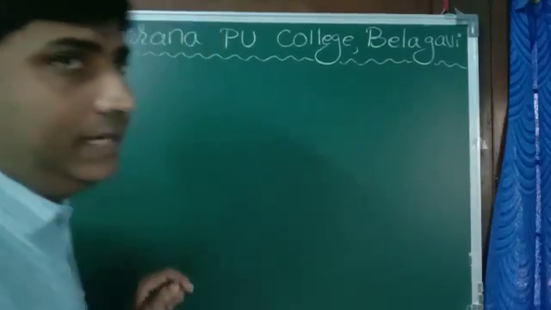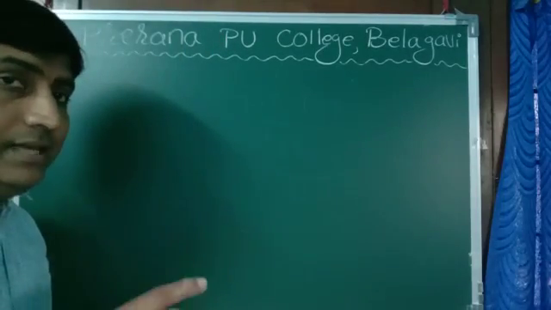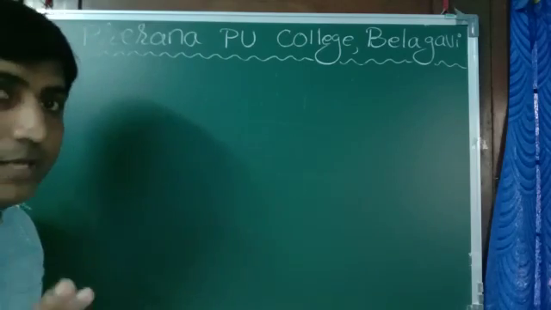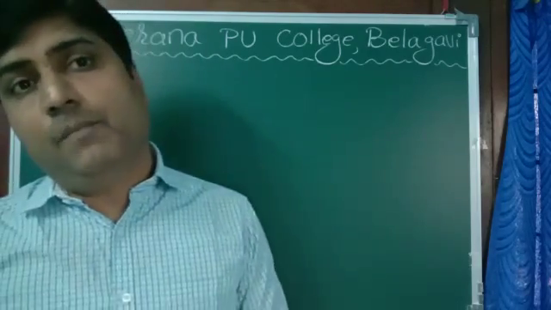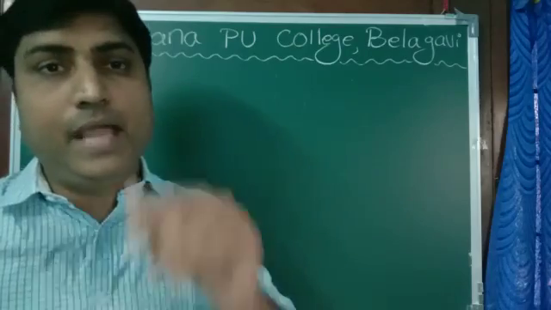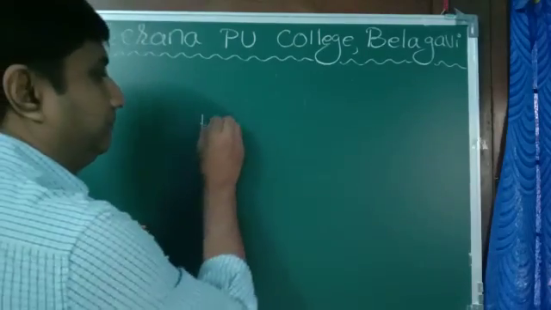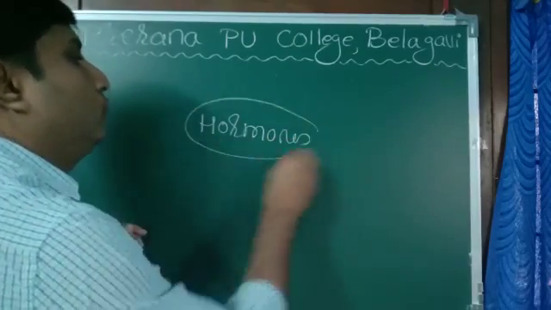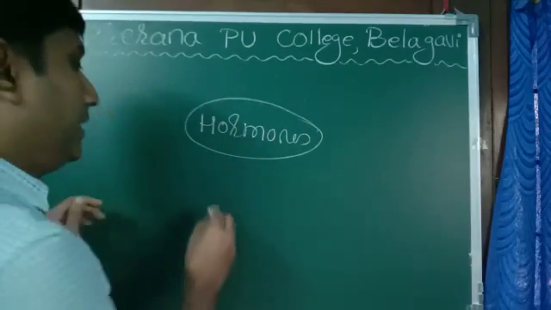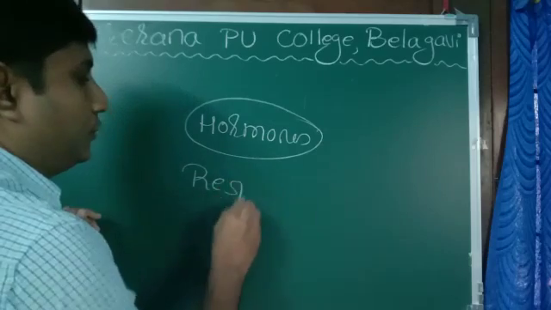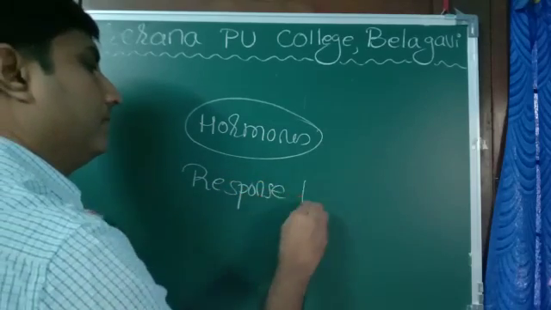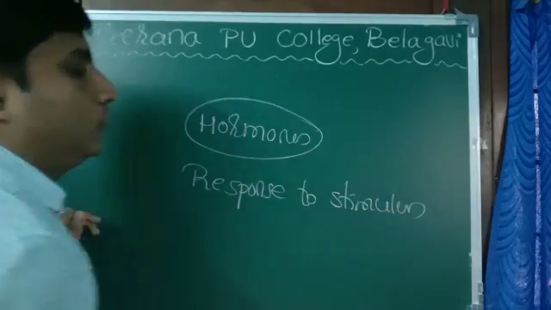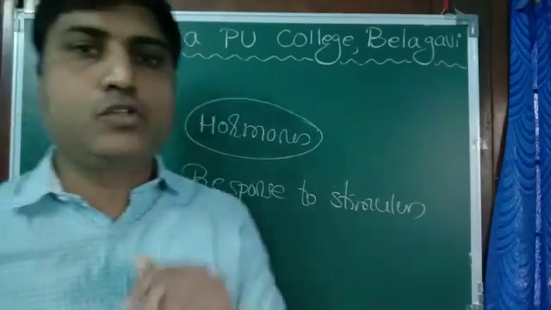Then finally, growth and development. See, when we speak of nervous system, plants don't have a nervous system, very important. Instead of a nervous system, they have hormones to show some kind of response to stimulus.